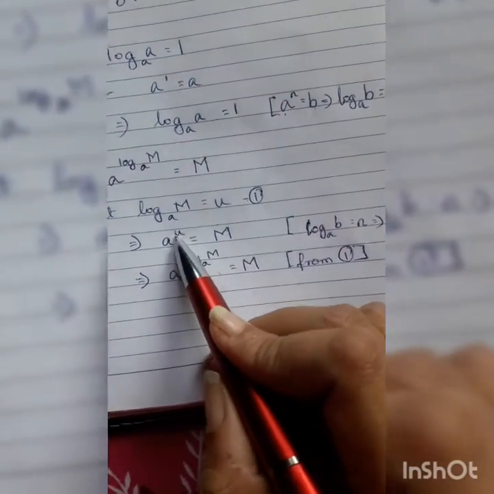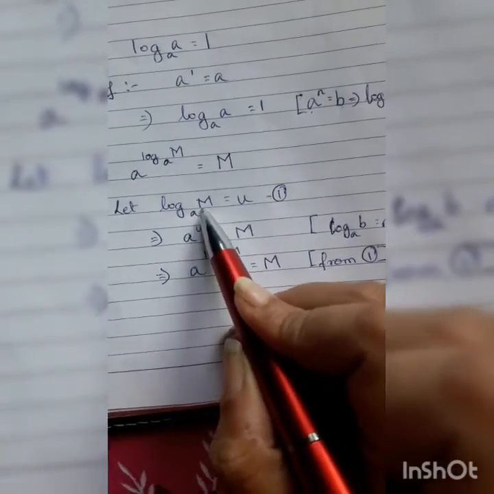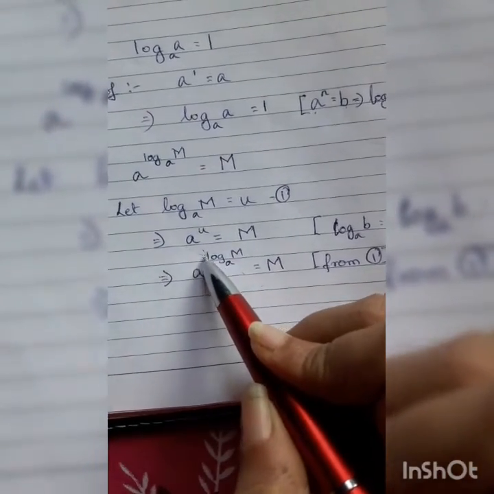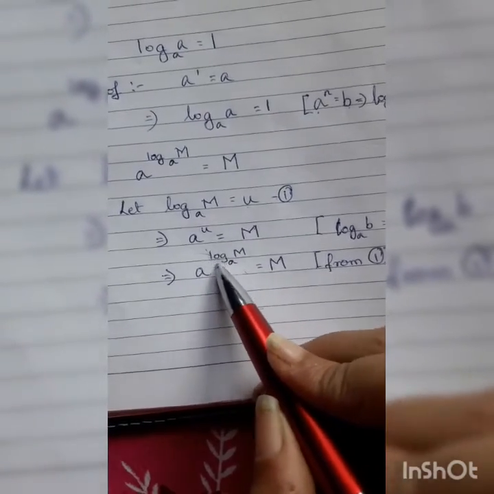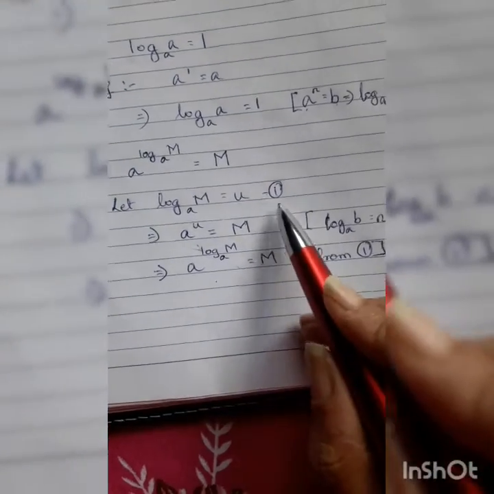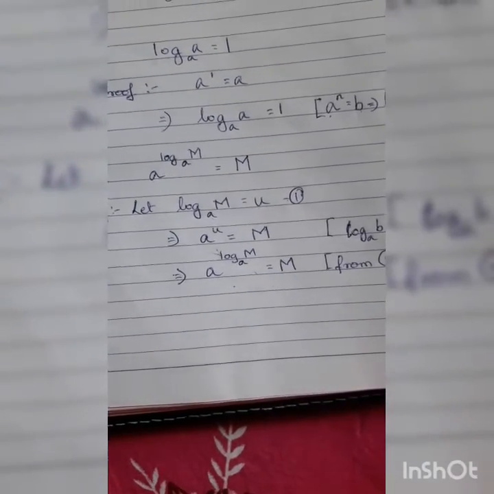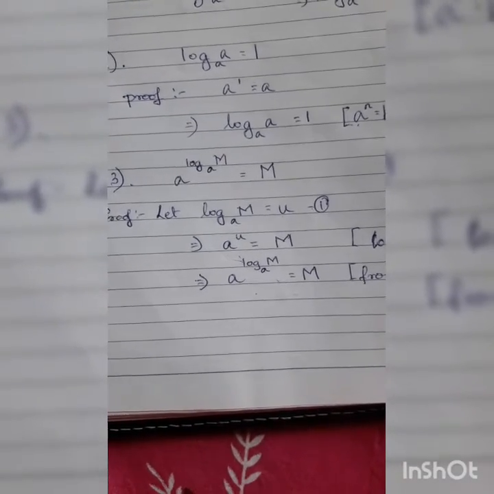Now what was your u? u was this log m to the base a. So I am substituting it here. a to the power of log m to the base a equals m. That is from 1. So we get our proof of formula number 3.